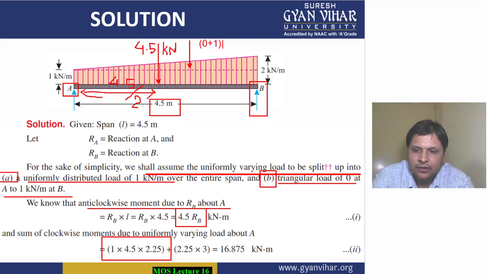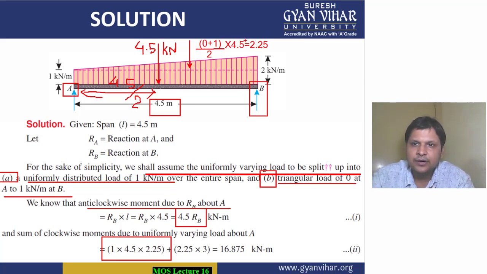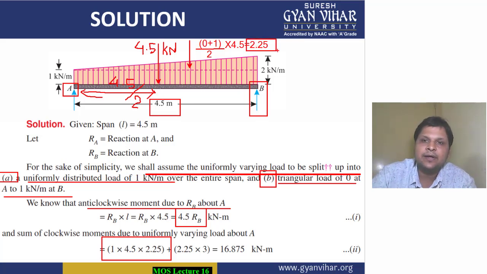So 0 plus 1 divided by 2, then we multiply it with the span. And what is the span? Span is 4.5. So this will give you the value of the load. It will be equal to 2.25. So we have calculated that 2.25 is the value of the UVL.